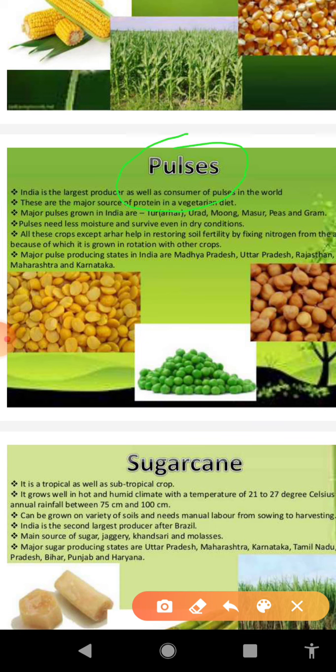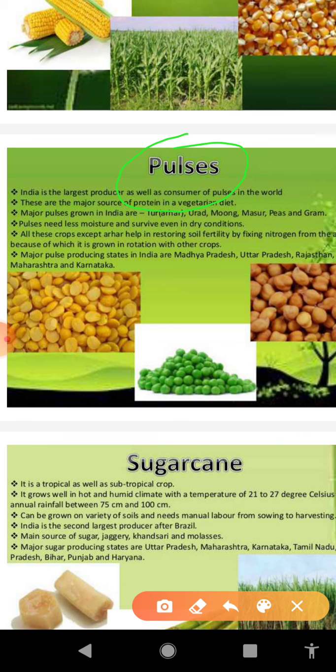With regard to the pulses, all of you know what we discussed in the previous video: our country is the largest producer as well as the consumer of pulses in the world. These pulses are the major sources of protein in the diet of vegetarian people of our country.